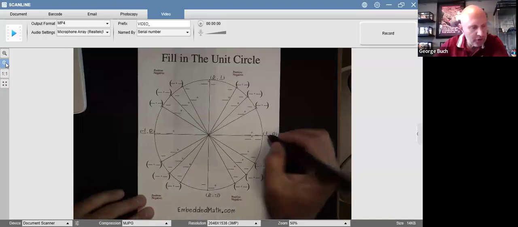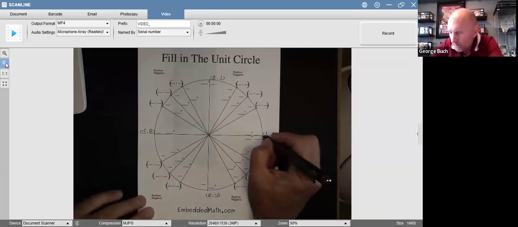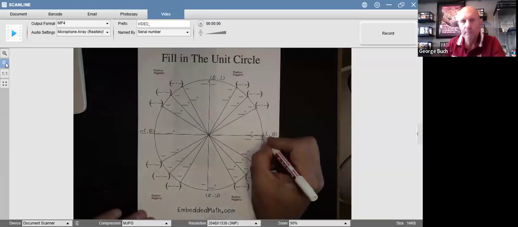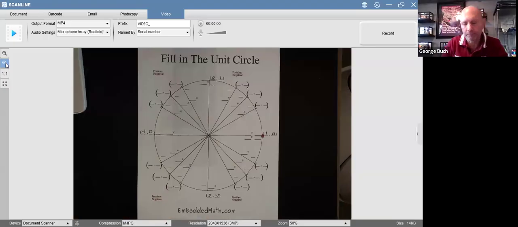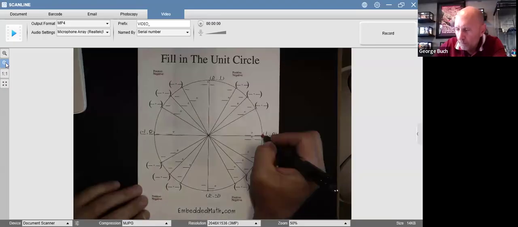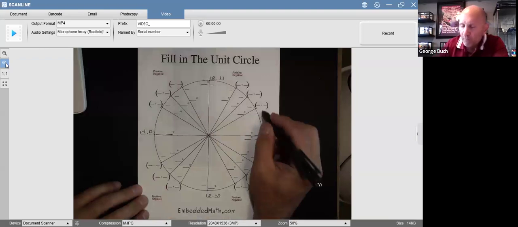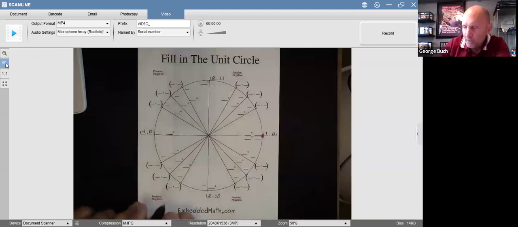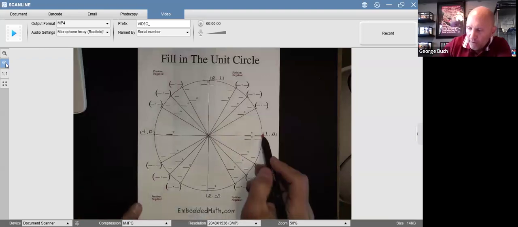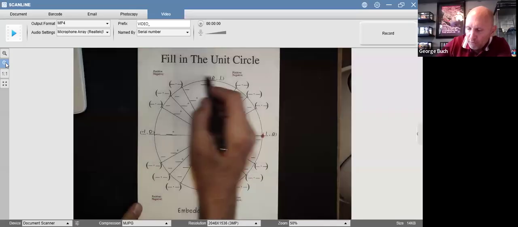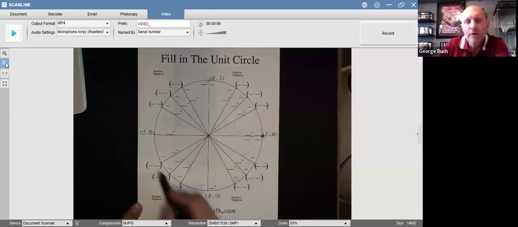If this is our starting point over here, again, we'll mark it in red so we know that's our starting point. If we're going to move in this direction here, counterclockwise, so it's positive, actually let's think about this as a whole first. If I went all the way around the circle, how far did I go?